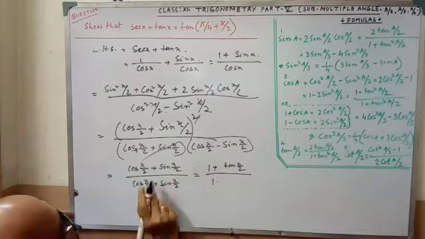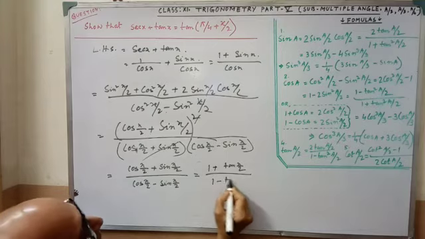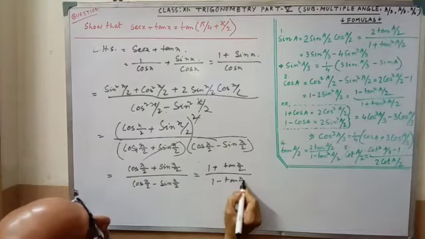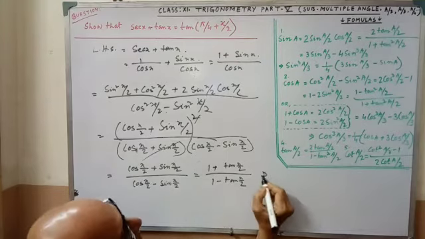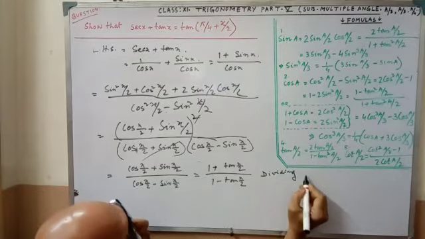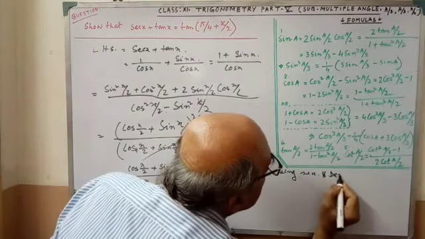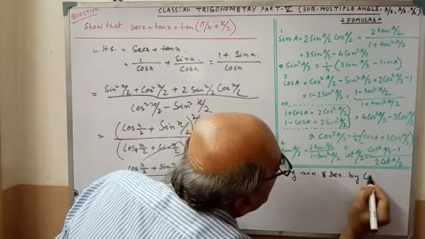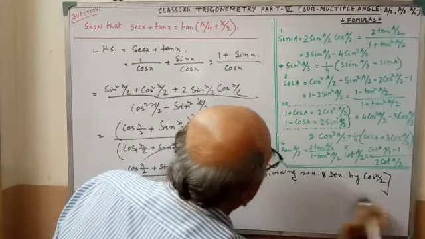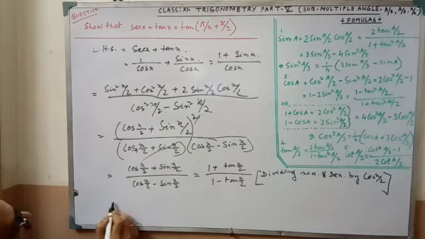Oh, here is minus, sorry. You have to write dividing numerator and denominator by cos x by 2. By dividing, we are getting this, that you must mention. Now we are not getting the answer yet.